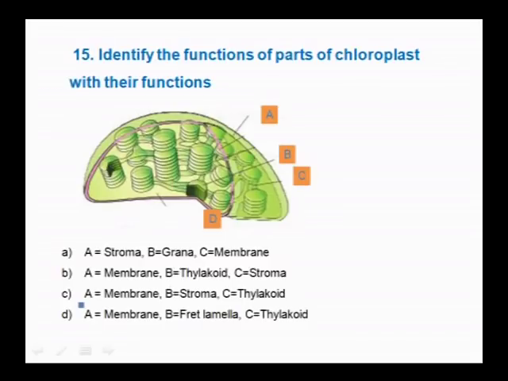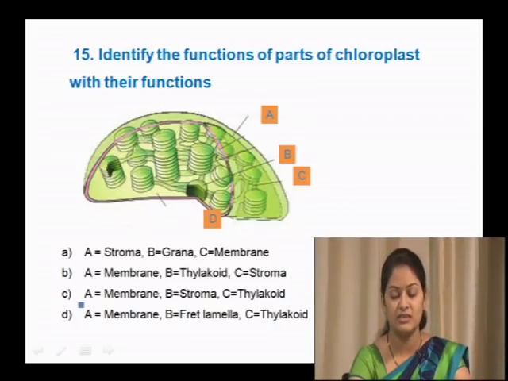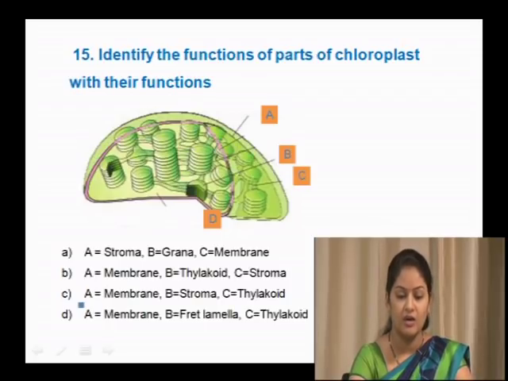The next question is regarding the structure of the chloroplast. Identify the functions of the part. Actually, it should be the labeling given there. So, the labels are A, B, C and D. Option A is actually the membrane.